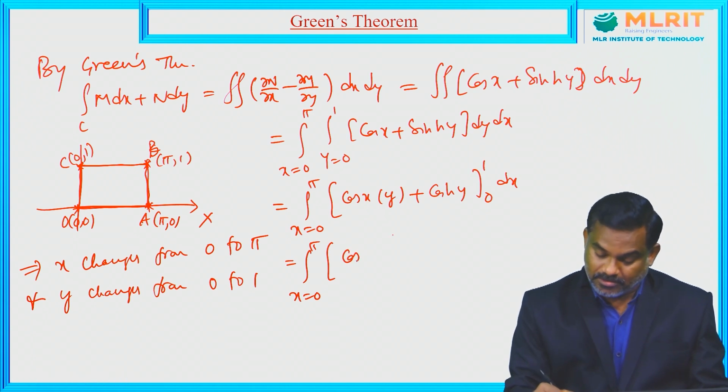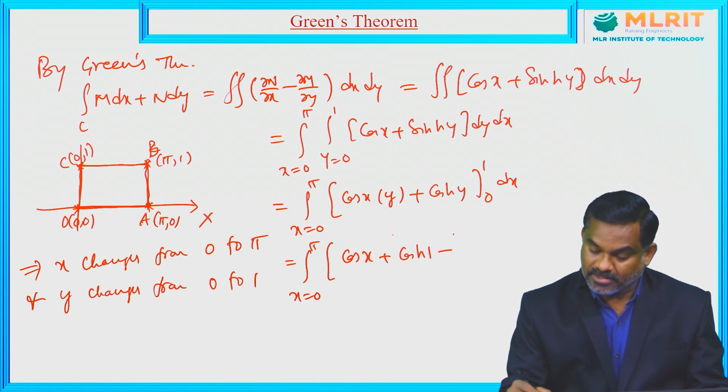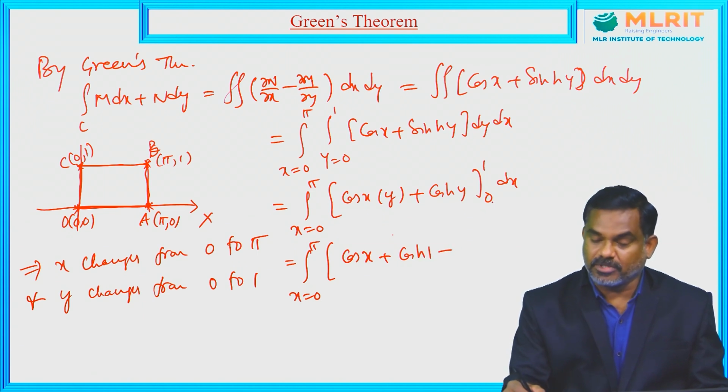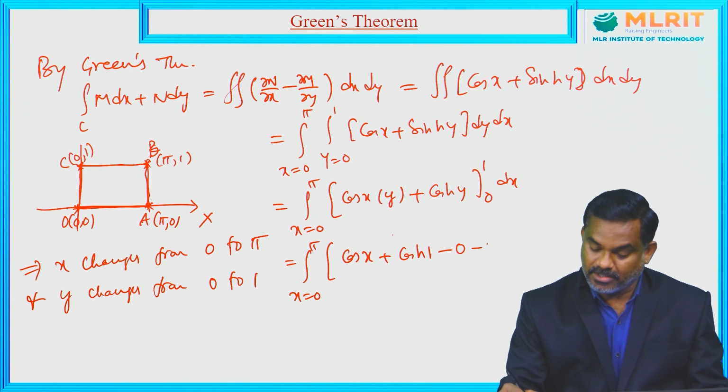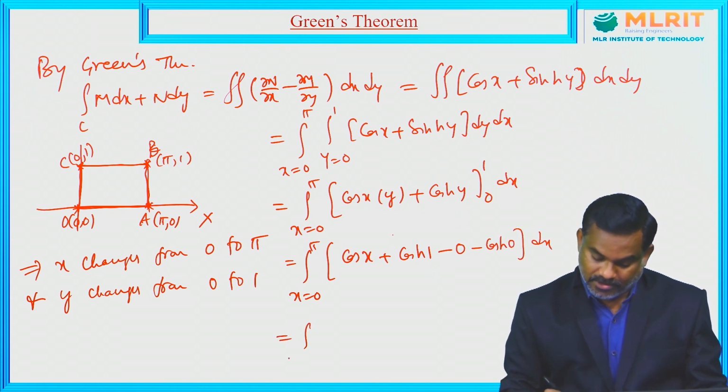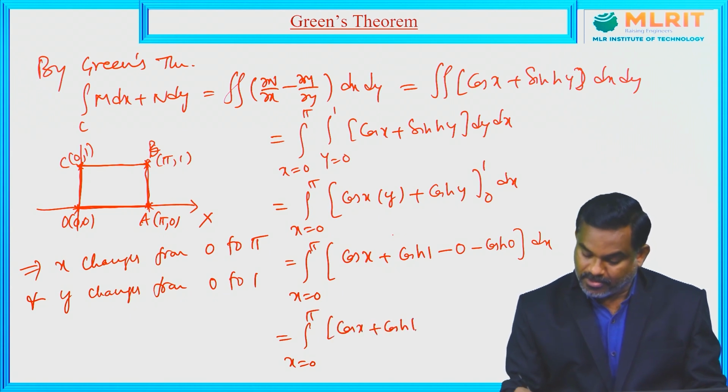So this is cos x into 1 plus cosh 1, minus, in place of y we substitute 0, so 0 minus cosh 0. So this is the integral from 0 to pi of cos x plus cosh 1 minus 1.